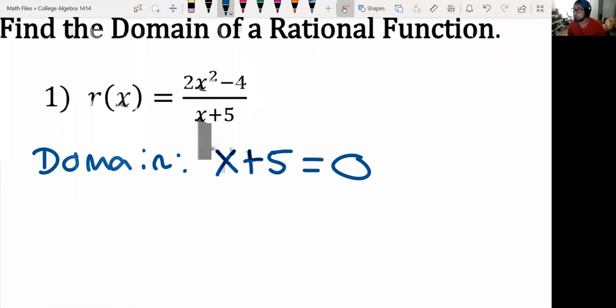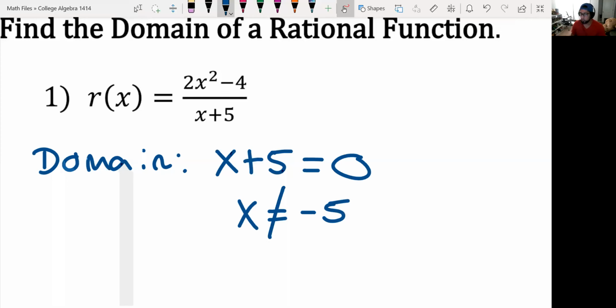All we have to do now is solve for x, and you get x cannot equal -5. The reason it can't equal -5 is because it will make the denominator 0, and we can never have 0 in our denominator.